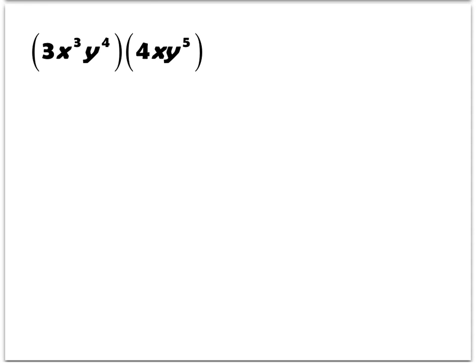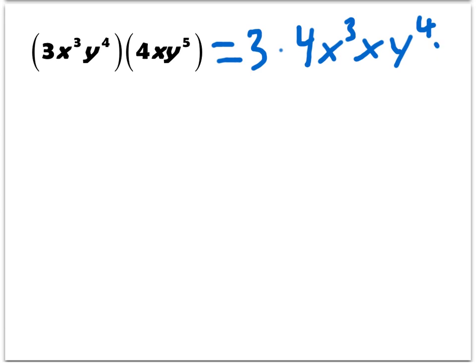So let's look at a few simple examples of simplifying expressions dealing with exponents. So here we're multiplying two terms. Both of them have powers. And so let's start off just by rearranging things. Let's take this 3 times 4, and then x cubed times x, and then y to the 4th power times y to the 5th power.